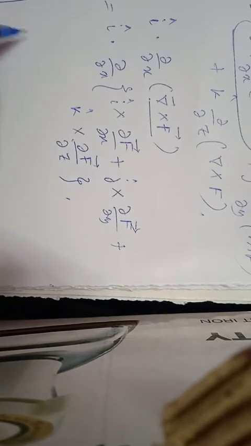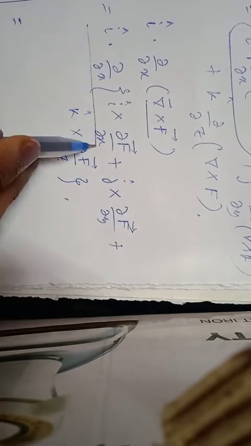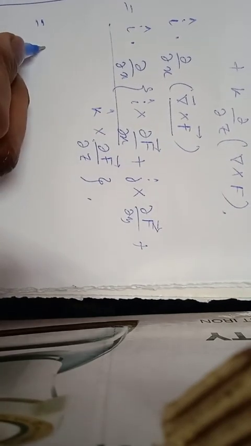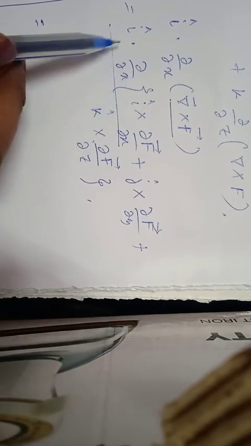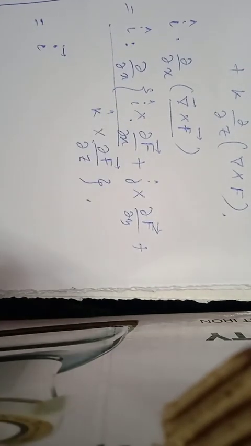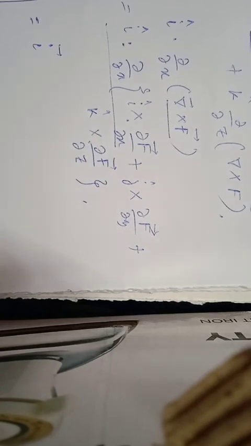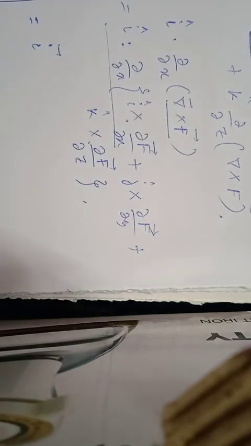Now take this part, opening the bracket, and take this part. What will you get? Check this part: this is dot and cross, that means a box product, right? And we know one property of the box product, that dot and cross can be interchanged.